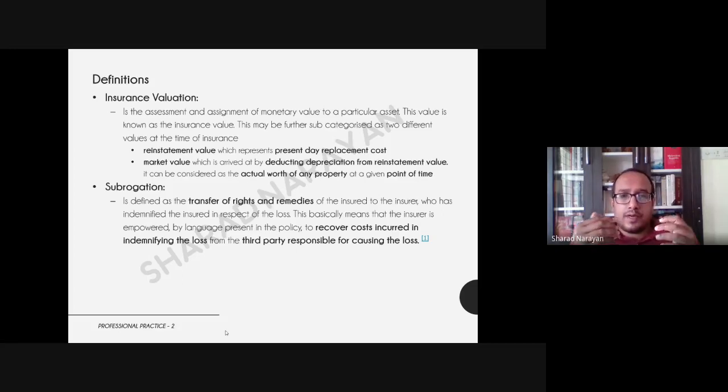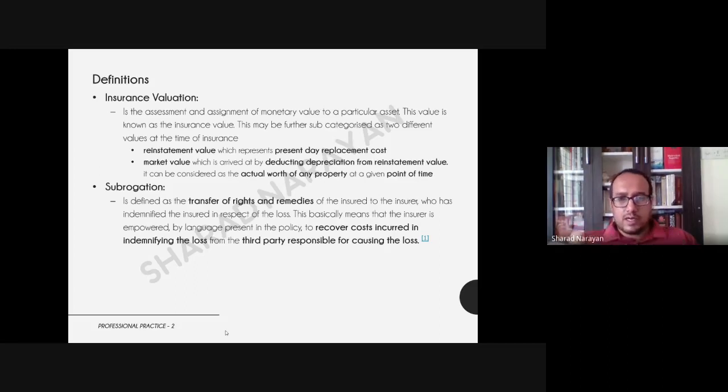Okay, now you are traveling on the road and you are involved in a road accident where somebody else is found out to be at fault. Okay, so how does the insurance claim process work over here?